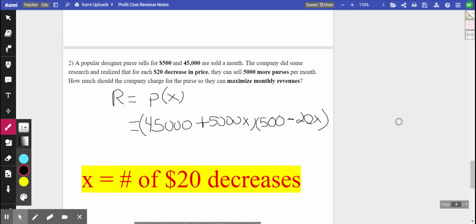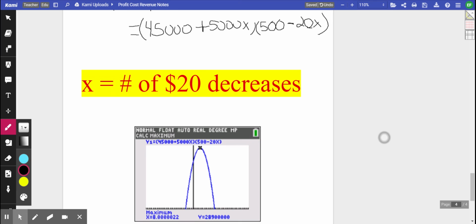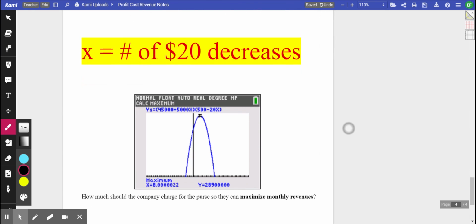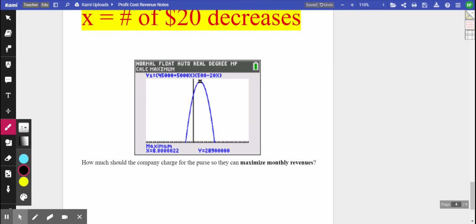If we plug our revenue function into our calculators, and again, I don't even bother distributing, I plug it in, you see it with the parentheses, and I look at my maximum. Based off of the graph here, how much should the company charge so that they can maximize their monthly revenue?